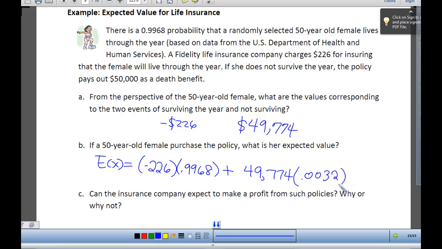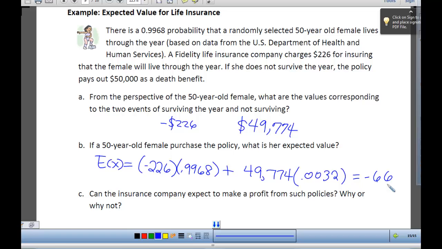Okay, so that's times 49,774, plus negative 226 times 0.9968. I got negative 66. Is that what you all got?